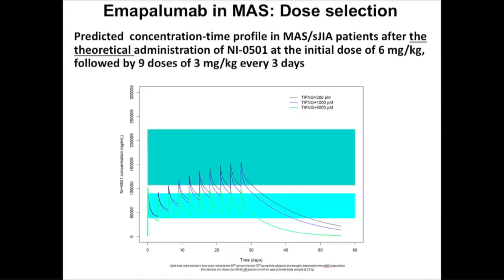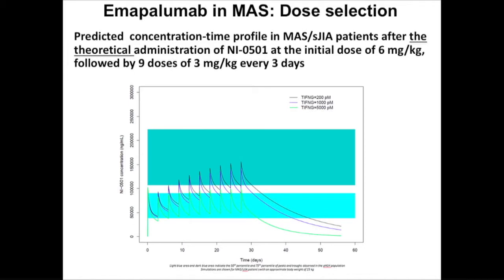That's why the study was designed based on this simulation, and these simulations are designed in patients with very high levels of total gamma, the lowest line. They tend to have lower levels of drug. They are predicted to have lower levels of drug by these simulations, according to target-mediated drug disposition.